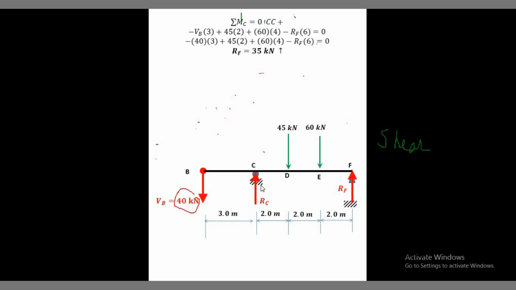Again, paki-double check na lang yung values na makikita ninyo dito sa screen ninyo. Baka may na-miss out ako. Summation of forces along the y-axis, I can solve for the value of my RC, which is equal to 110 kilonewtons upwards. Paki-double check, tama ba? Baka may na-miss ako.